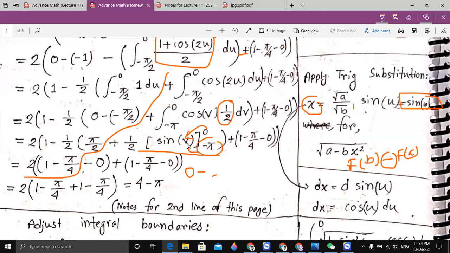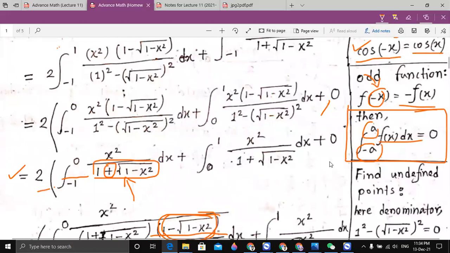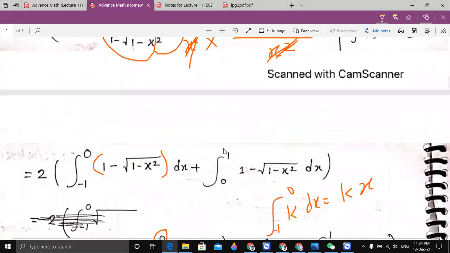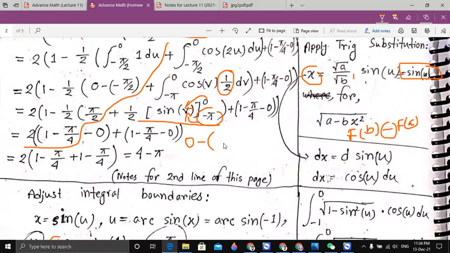So sine minus pi will be minus sine pi, right? We know that this is called the negative angle identity, okay. So sine of negative theta is negative sine theta. So it will be minus sine pi. So 0 minus sine minus, that is 0 plus sine pi.